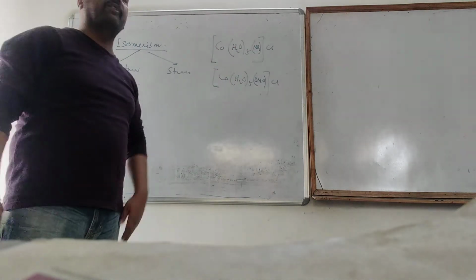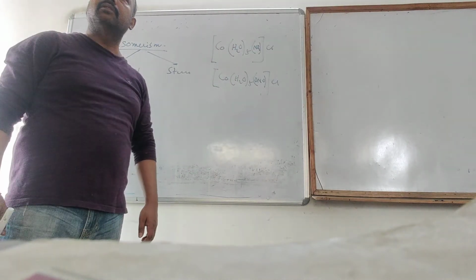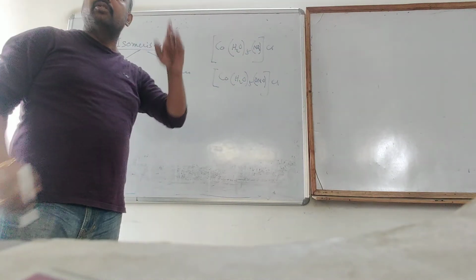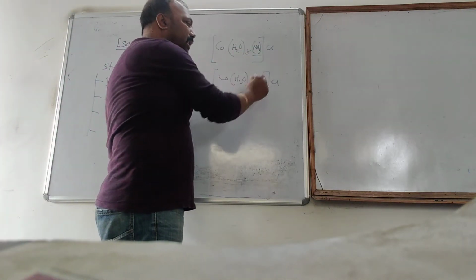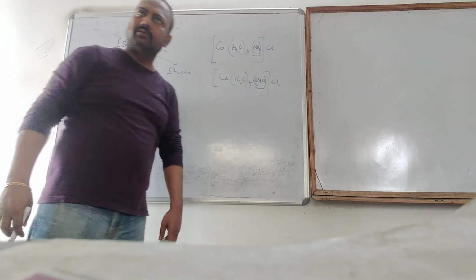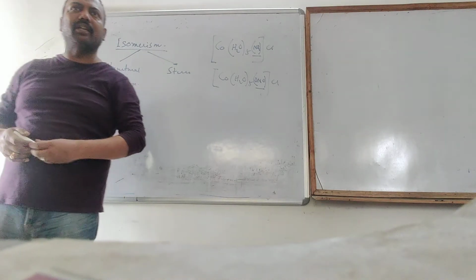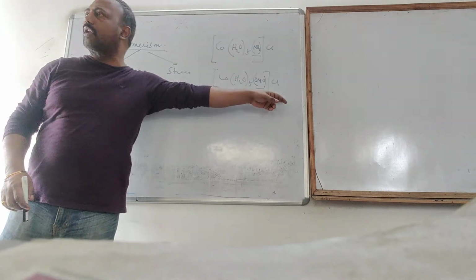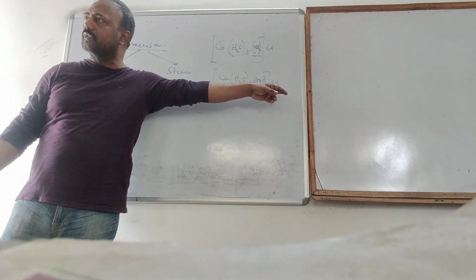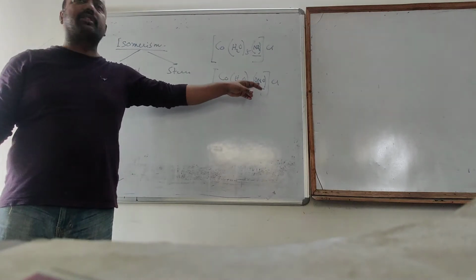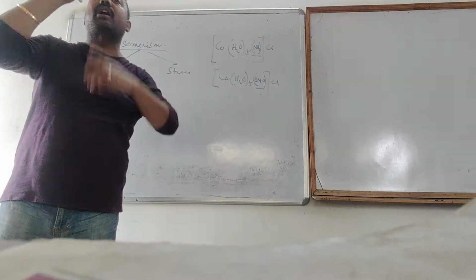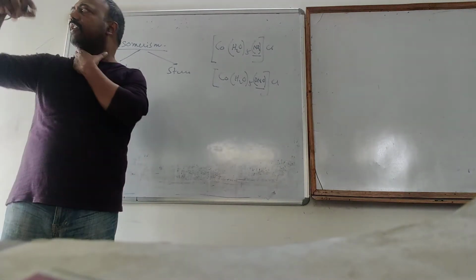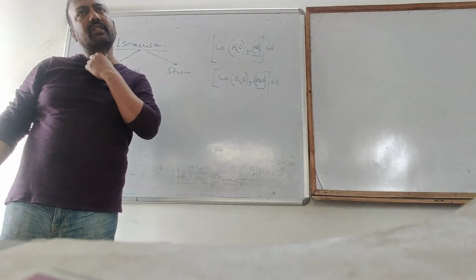Here there is an ambidentate ligand, and they differ in the donor sites. The ions are the same, here the negative ion is chloride and here also chloride is the negative ion, so it cannot be ionization isomerism. Here N is the donor site, here O is the donor site. So for linkage isomerism there must be an ambidentate ligand present, where they differ in the donor sites. Is it clear or not?